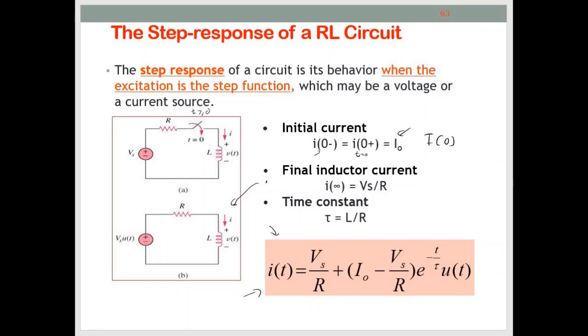How the formula is derived is not shown in this slide. Maybe you can refer to the reference book, but it uses KVL to derive the equation of this circuit, and then finally produces these equations. And these equations match this basic step response of RL.